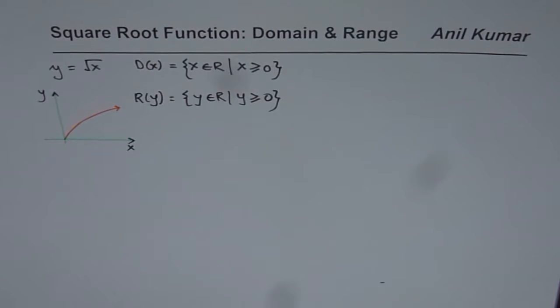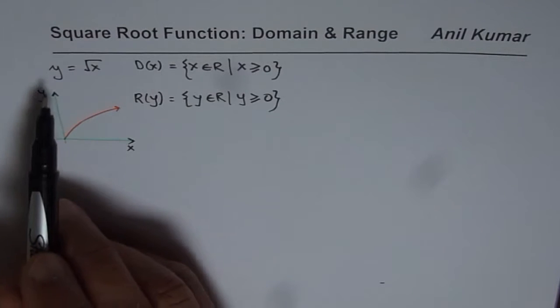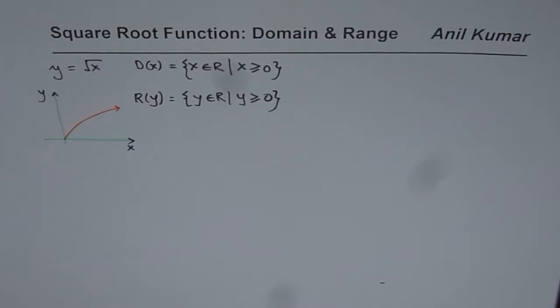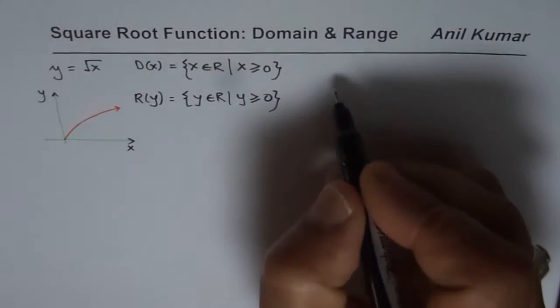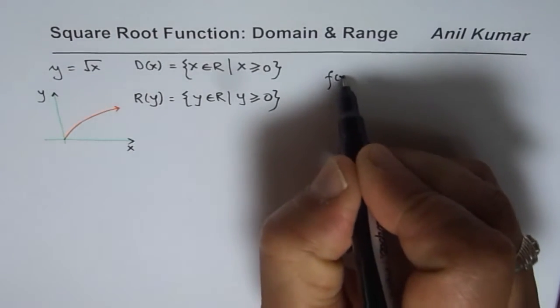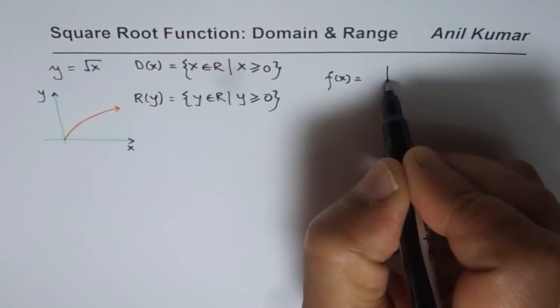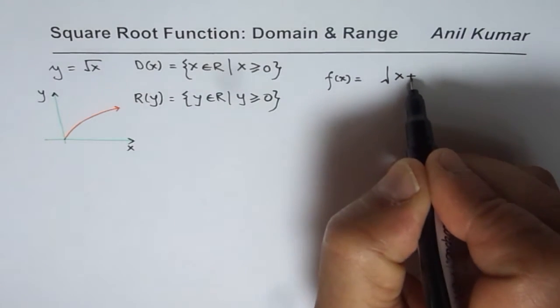Now, in test papers, the most difficult question to answer is domain and range of transformed square root functions. So we are going to take those examples now and then write down their domain and range. So let me begin with one. Let us say f of x equals square root of x plus 2.